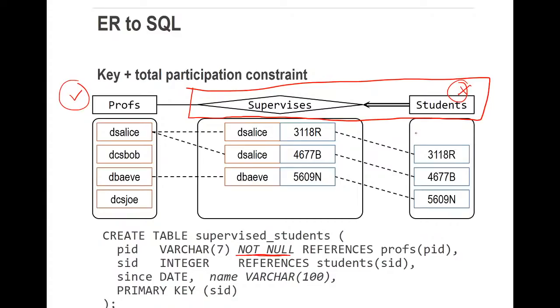Okay. Now it is impossible to have a student like the 1434C that we have before that exists with a null. This one is not allowed now, which means that this one is not allowed. Okay?